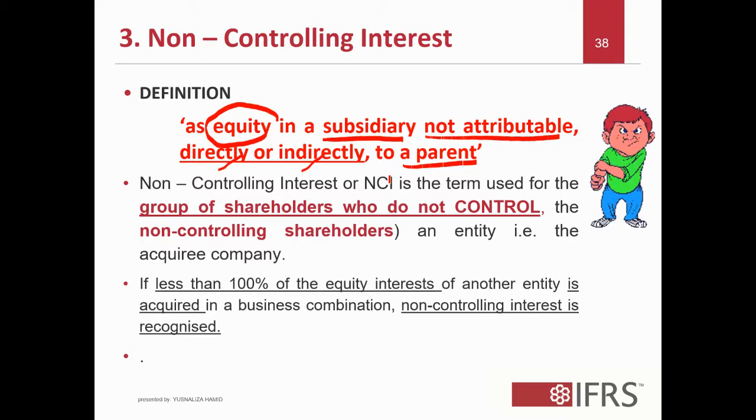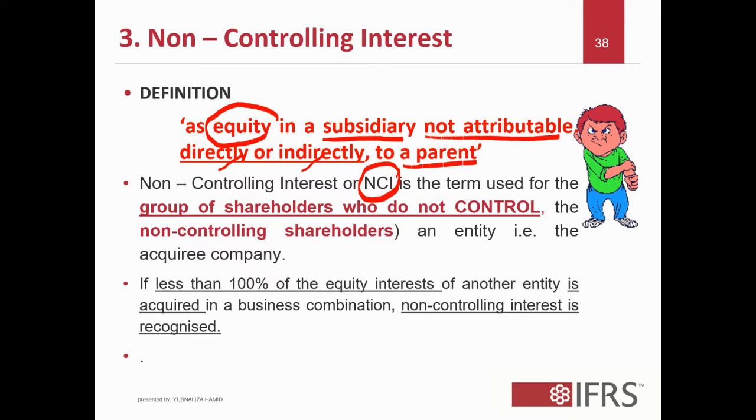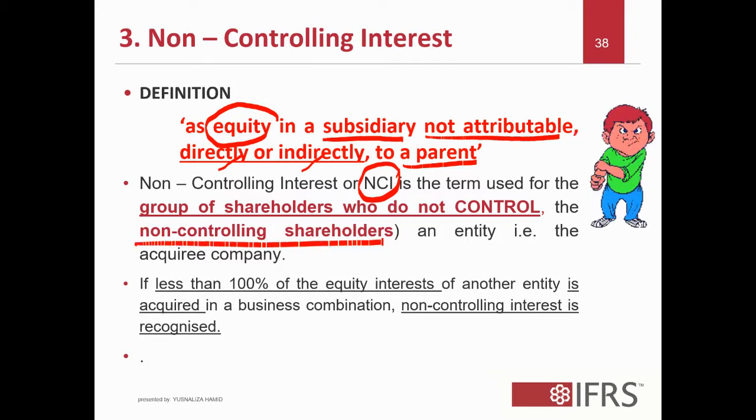So non-controlling interest, or better known as NCI, is a term used for the shareholders that do not control the company, do not make decisions of the company, and do not direct the activities of the company, and therefore they are called the non-controlling shareholders.